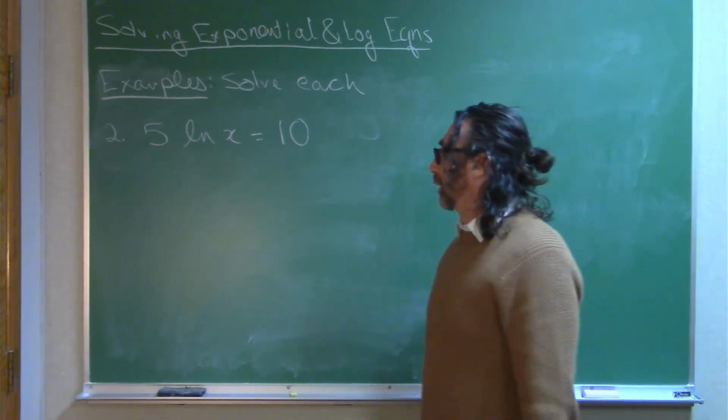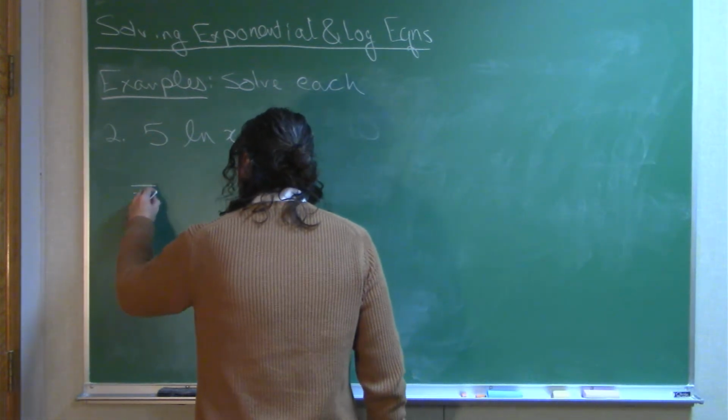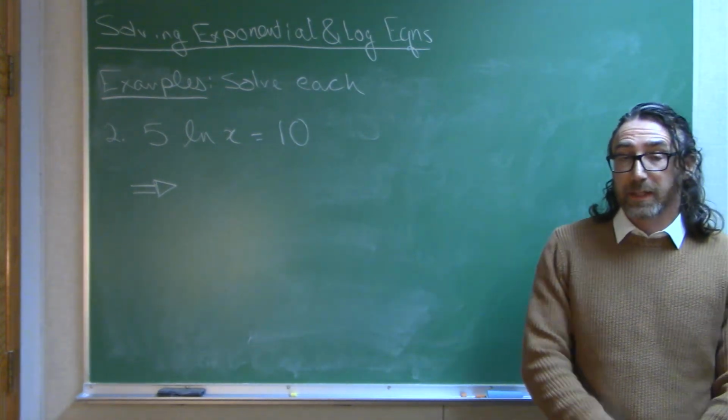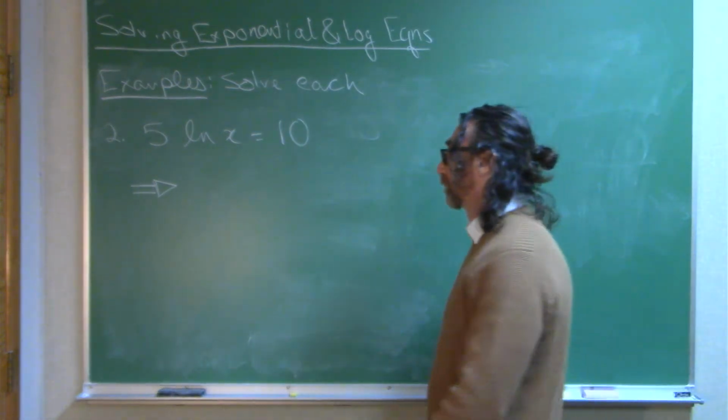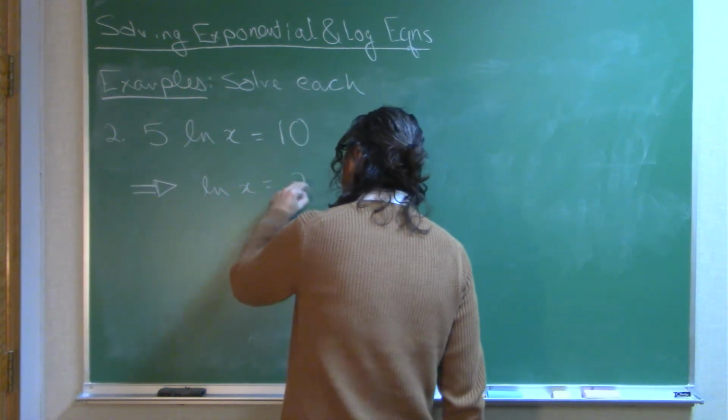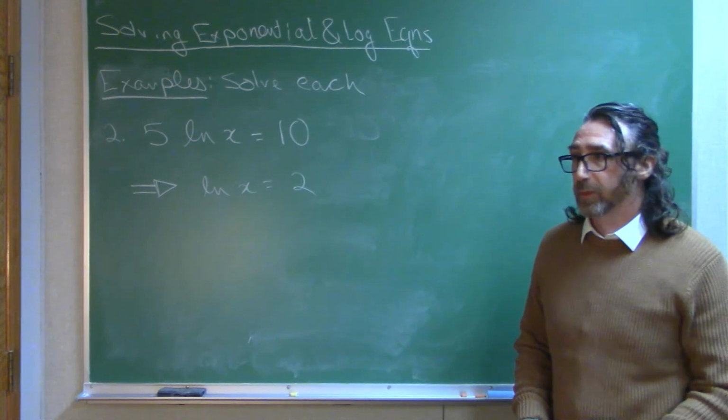All right. So first thing I want to do is get the log isolated on one side. So how do I get rid of that 5? Well, I would divide both sides by 5.